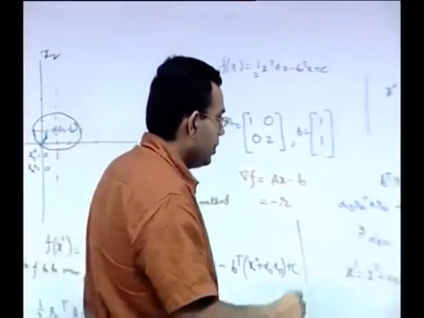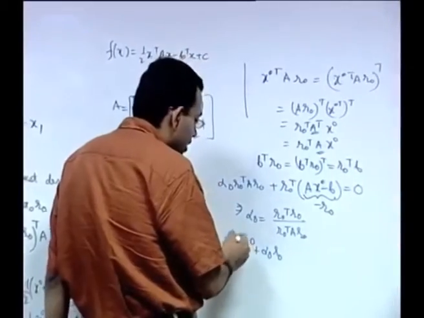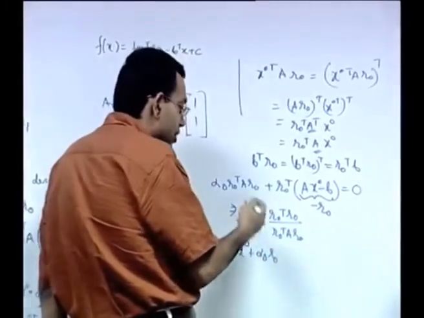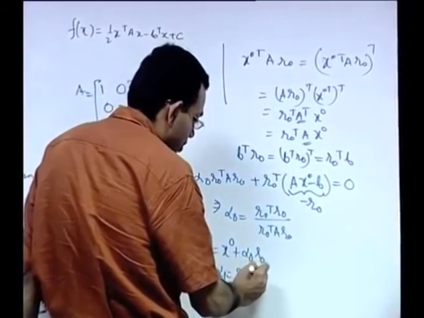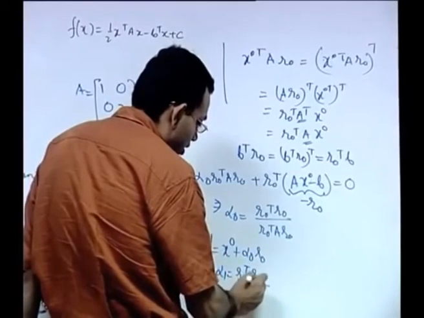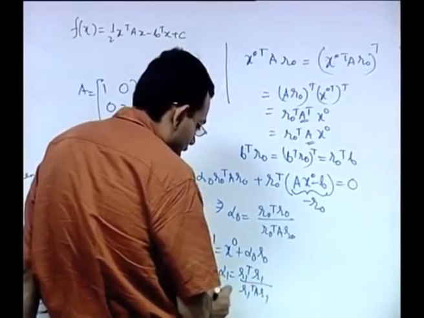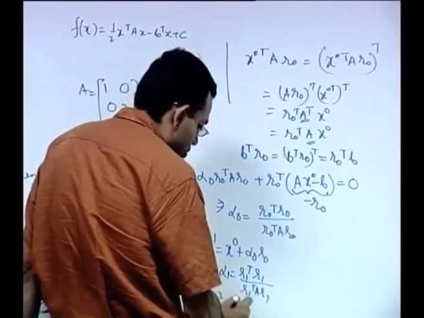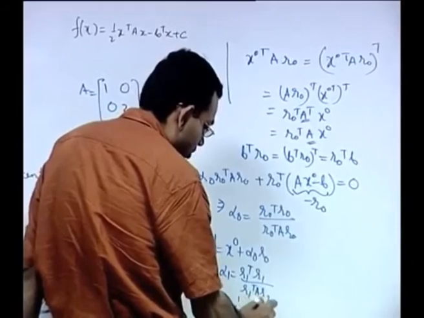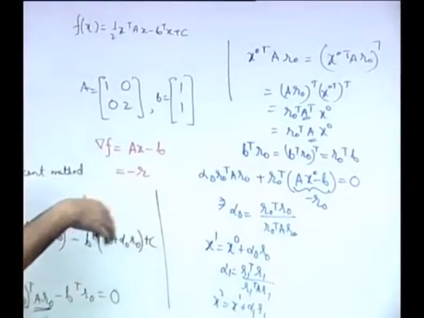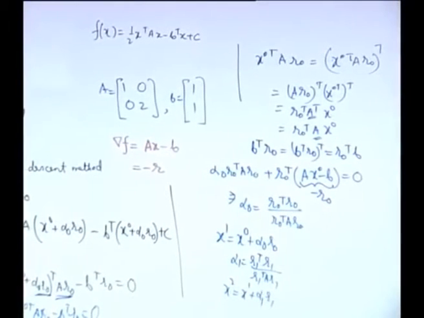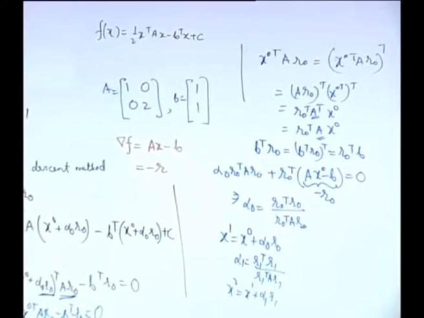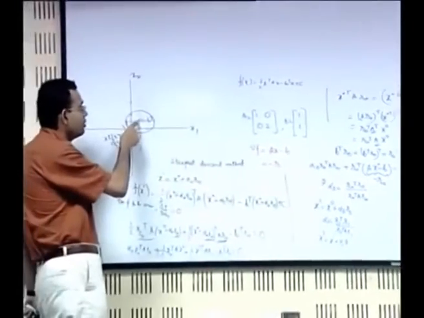Similarly, when you go on calculating x2, the subsequent x, your alpha 1 will be R1 transpose R1 by R1 transpose A R1, and x2 is equal to x1 plus alpha 1 R1. In this way you go on having new choices of the point till you come to the solution. So till you hit the bullseye.